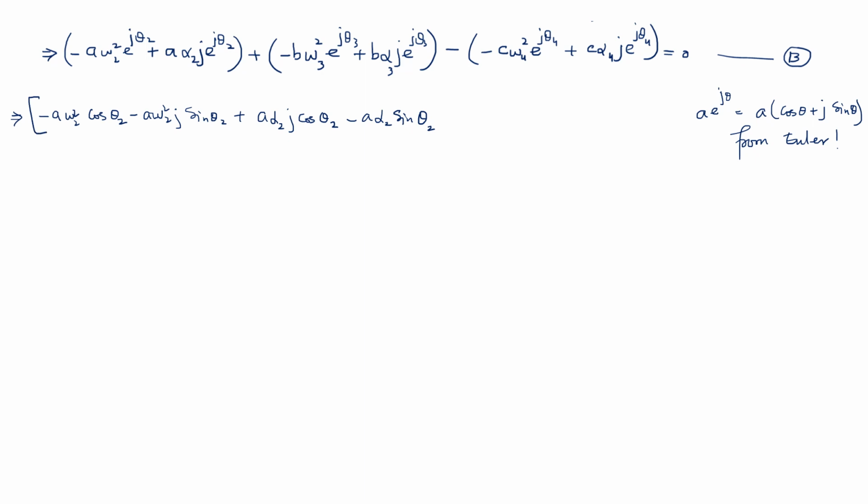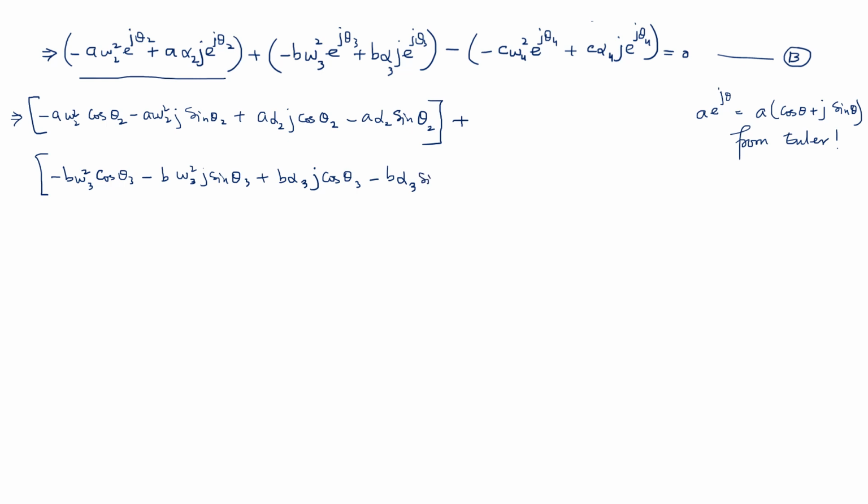So this first set of expressions is added with another set, which is minus b omega 3 squared cos of theta 3 minus b omega 3 squared j sine of theta 3 plus b alpha 3 j cos of theta 3 minus b alpha 3 sine of theta 3.